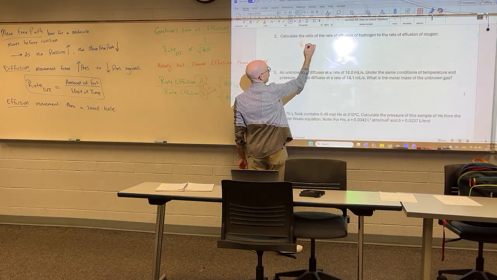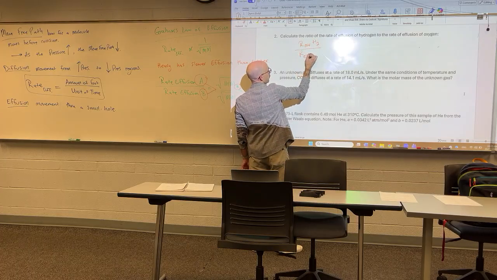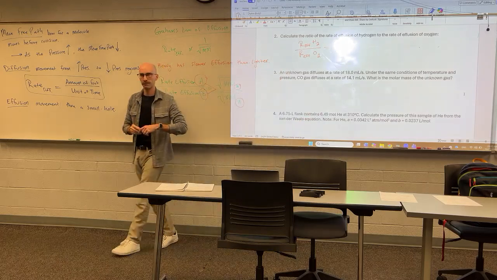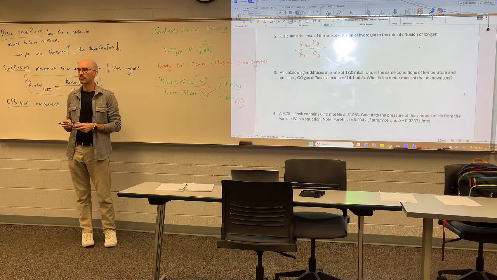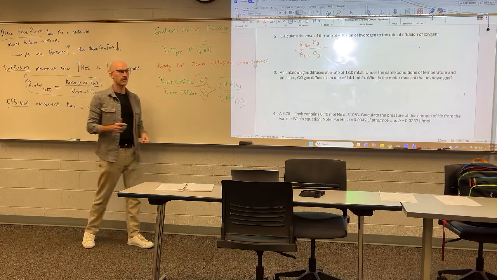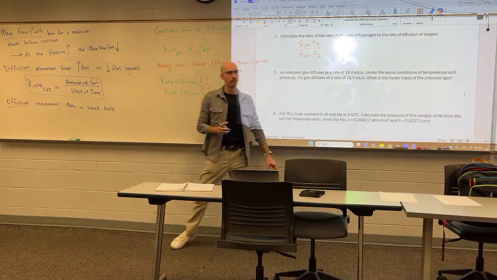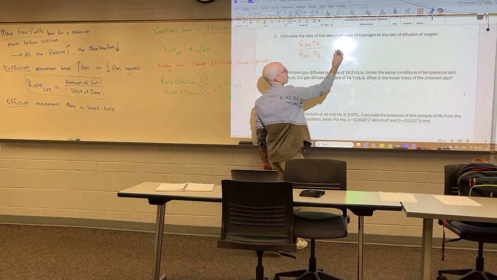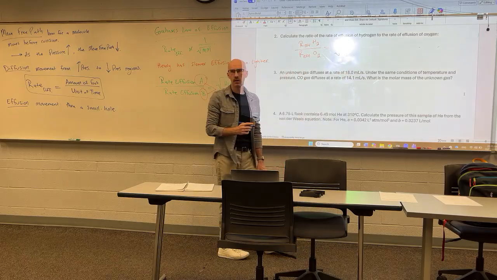So the rate of effusion of H2 to the rate of effusion of O2 is equal to, what goes on the top? Square root of 32 over the square root of 2.